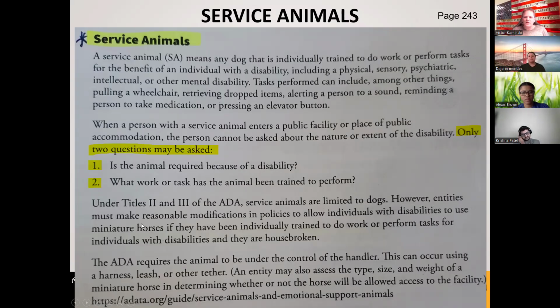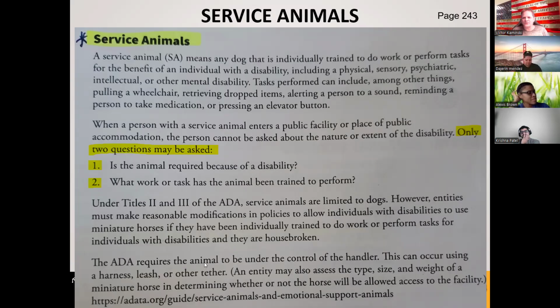However, entities must make reasonable modifications in policies to allow individuals with disabilities to use a miniature horse if they've been individually trained to work or perform tasks for individuals with disabilities and they've been housebroken. And of course, the structure can bear their weight.